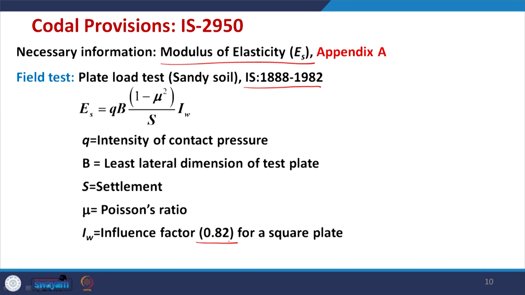So the only unknown in this case is the value of Q, the intensity of contact pressure. If that is known, then you can find Young's modulus using this empirical relation. The other data in this relation still comes from the plate load test, for example the settlement and the dimension of the plate. But the plate load test is an easy test which can be conducted easily.